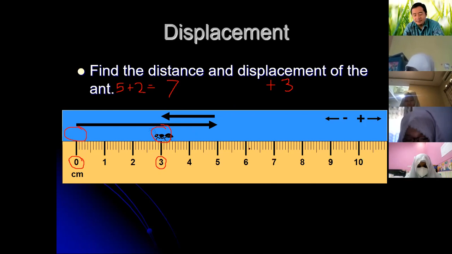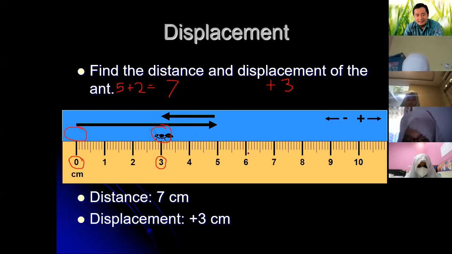It means the displacement is 3, but plus. It's very good, Atalarasa. And who else has the same answer as Atalarasa?